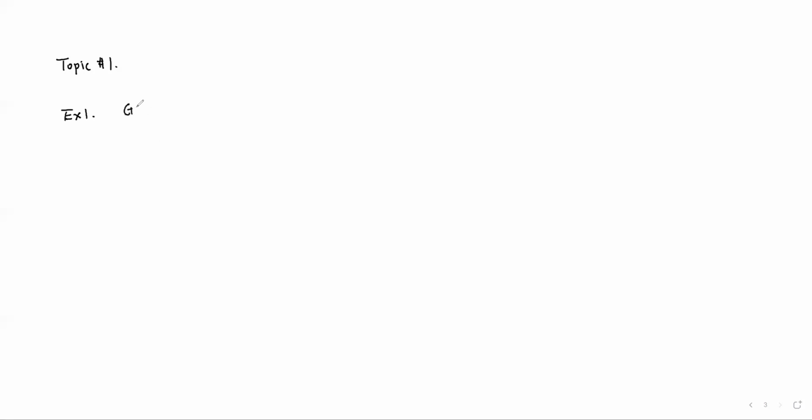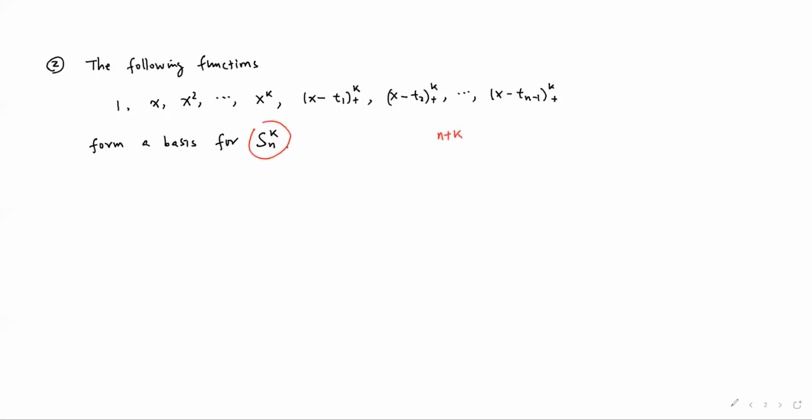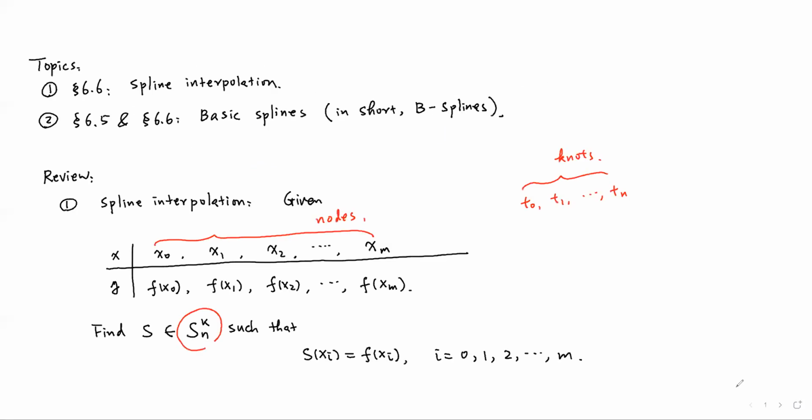Given the knots, four knots, t0, t1, t2, t3. So in this case, n is equal to 3.